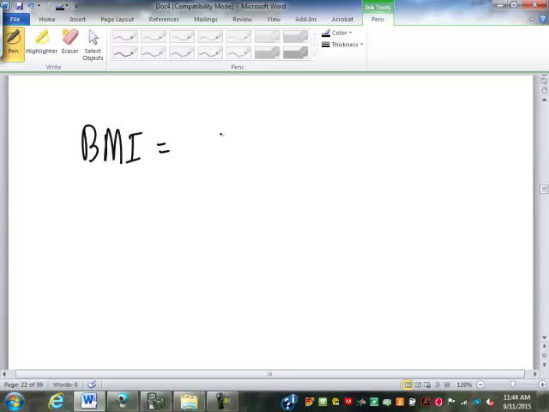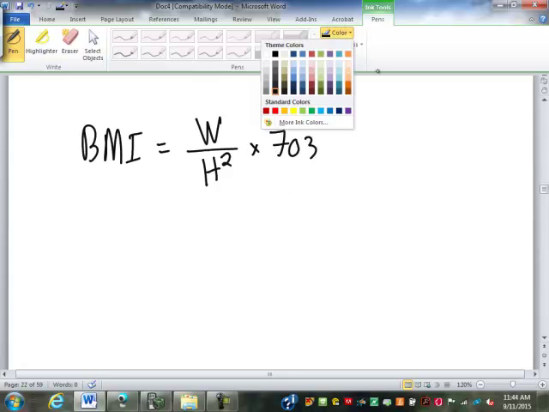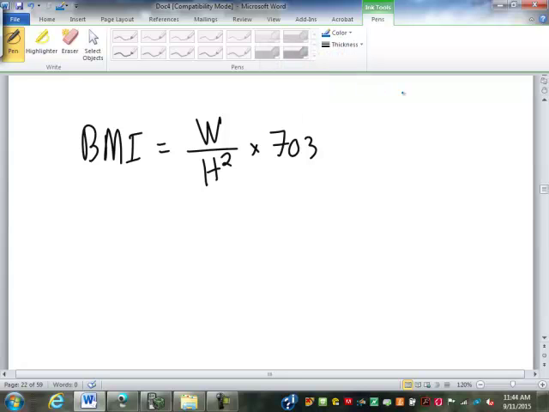The formula for BMI is a person's weight in pounds divided by their height in inches, height squared, times 703. I'm not going to ask for volunteers. I've learned a little bit through the years.